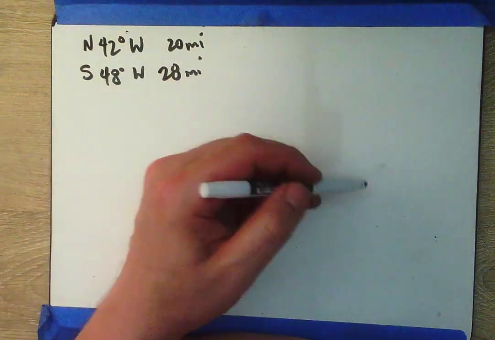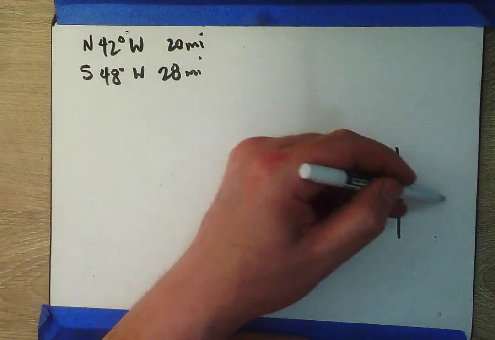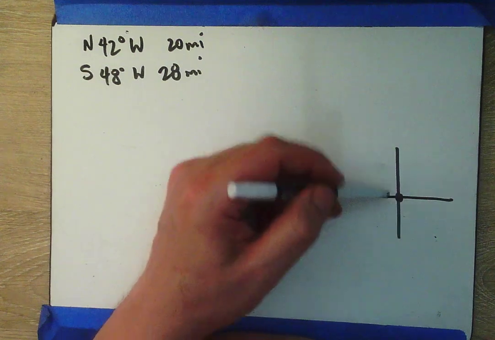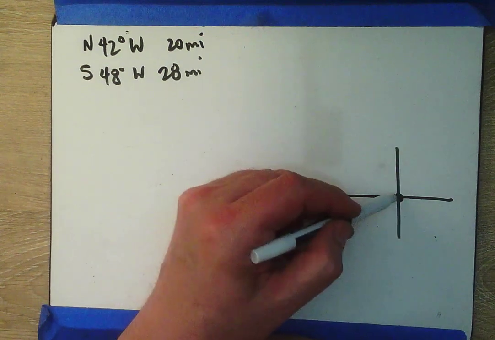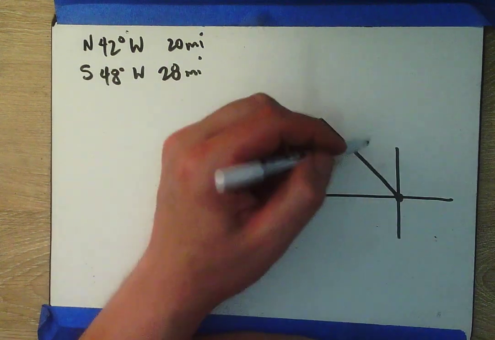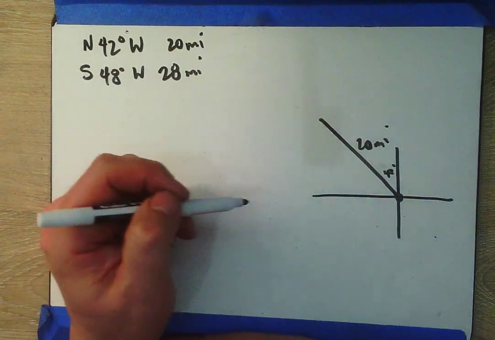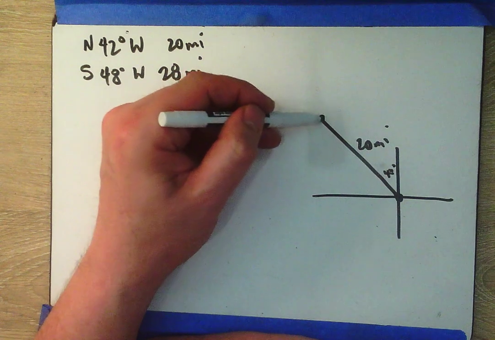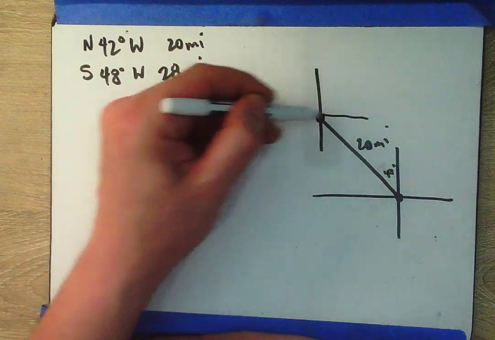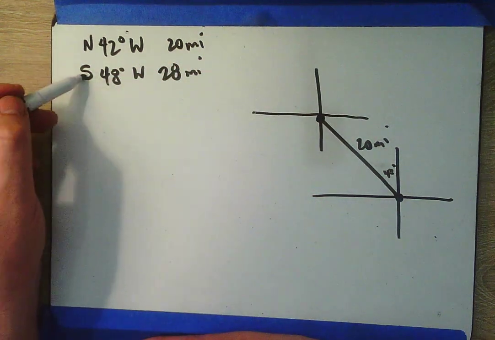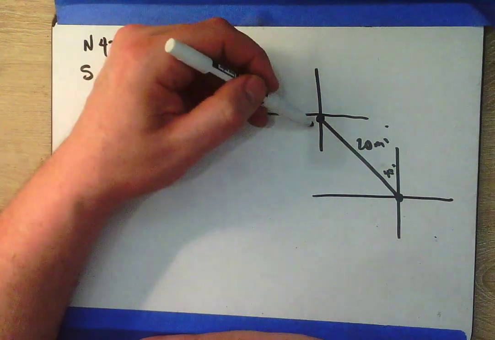We're going to start by heading north 42 west for 20 miles. And then, at that point, I draw another compass rose because I'm going to turn south 48 west.